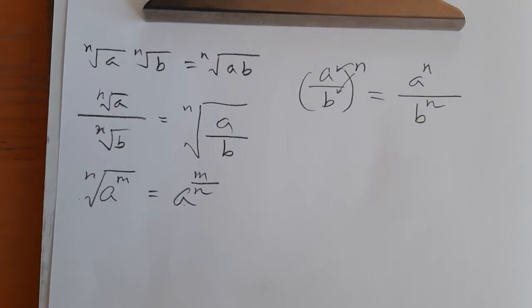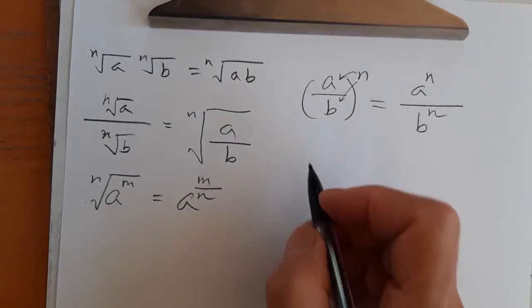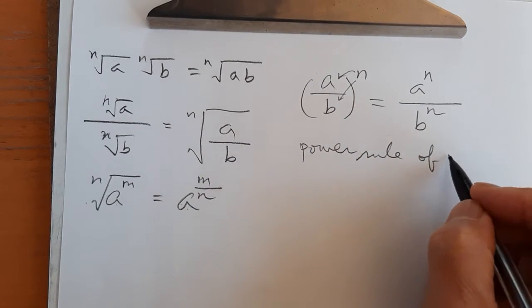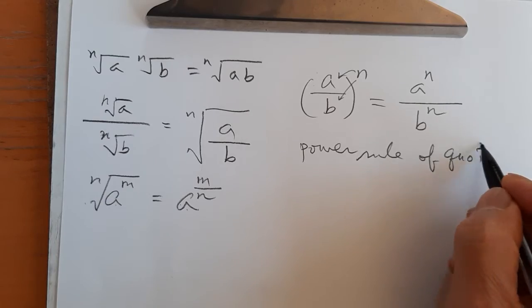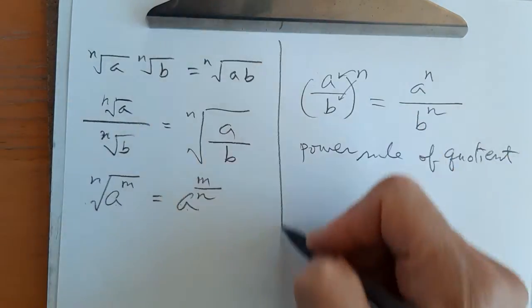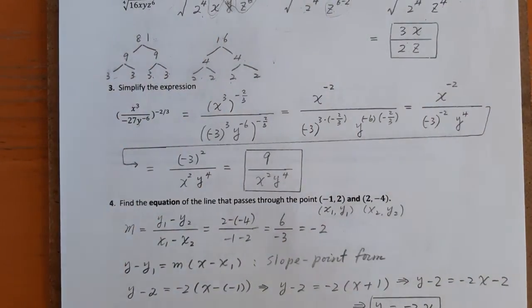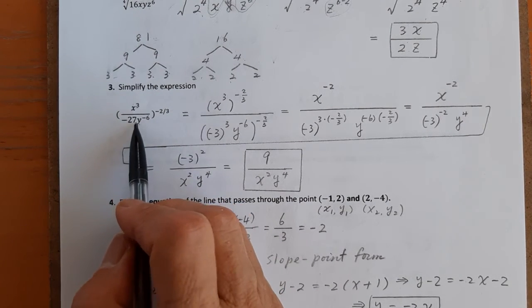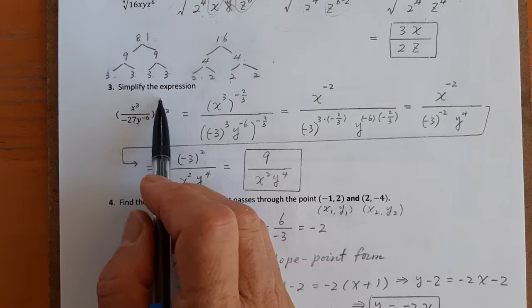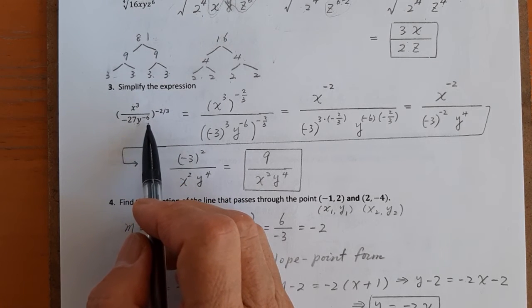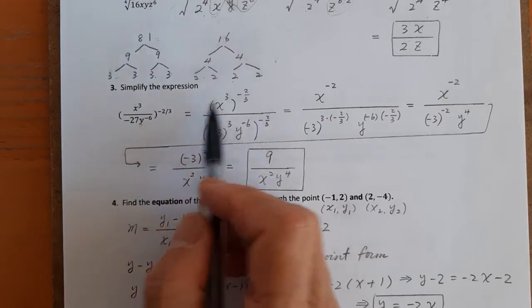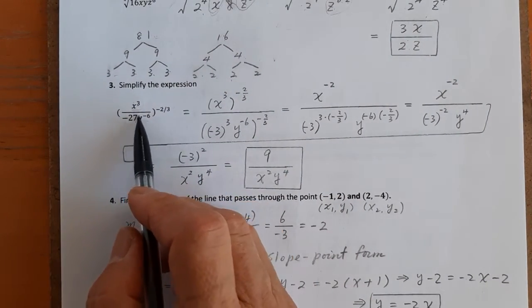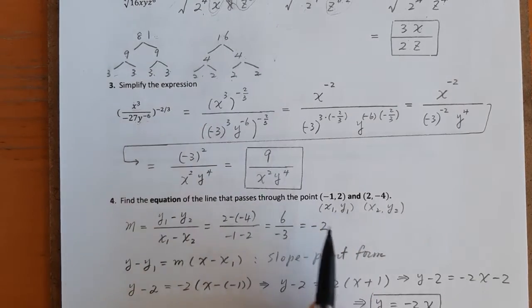So negative 2/3 goes to the numerator, and negative 2/3 goes to the denominator.